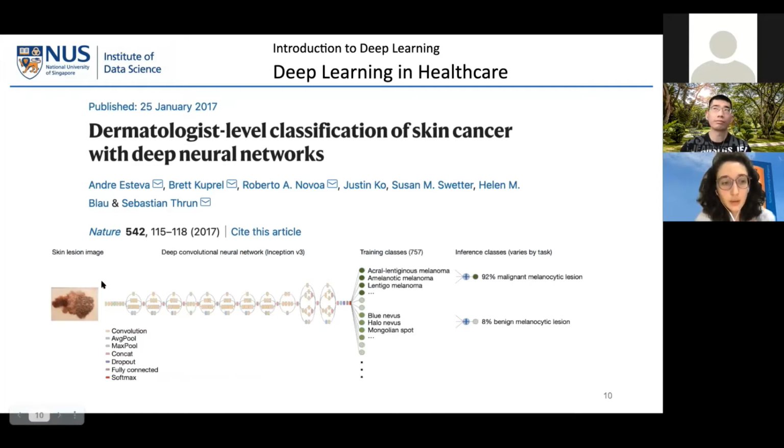To do that, basically, they use as input a skin lesion image. They use a deep learning network using a convolutional neural network. And you see, it's not binary classification here because they really have a lot of different classes. And then they also try to predict a risk of whether it's benign or malignant, right?